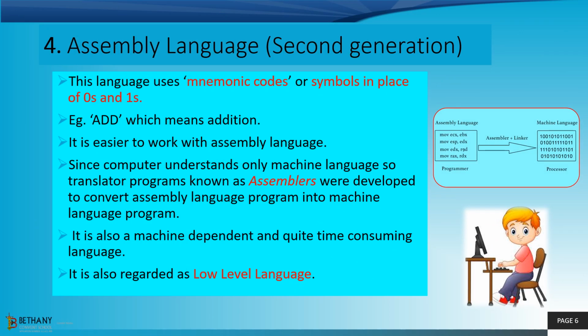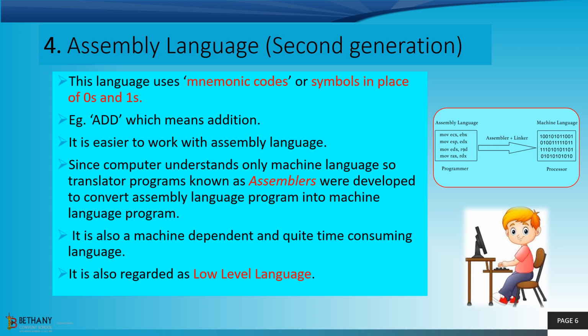Assembly language. This language uses mnemonic codes or symbols in place of zeros and ones. For example, add, which means addition, sub, which means subtraction, and so on. It is easier to work with assembly language, where symbolic memory addresses are used, rather than machine language.